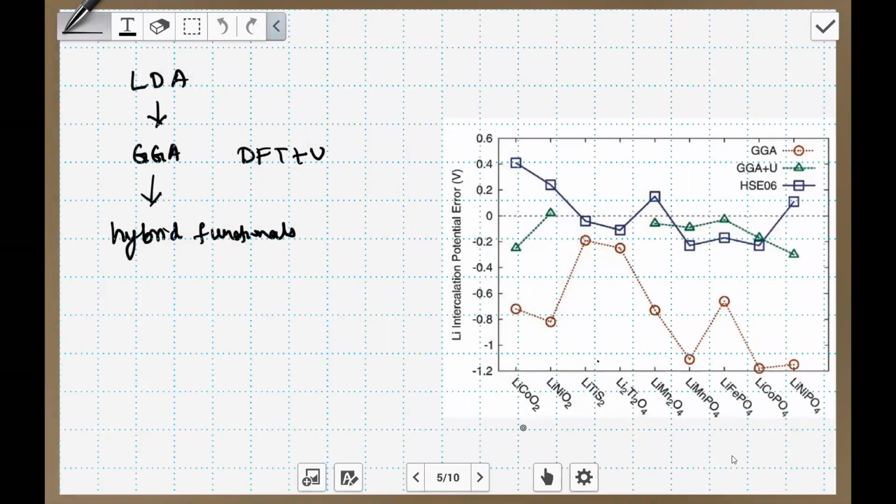These are very common. LCO is most likely the cathode you have in your battery. That was the battery cathode that Goodenough first worked on, which gave him the Nobel Prize.